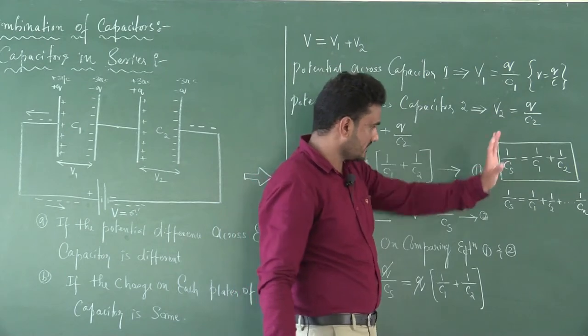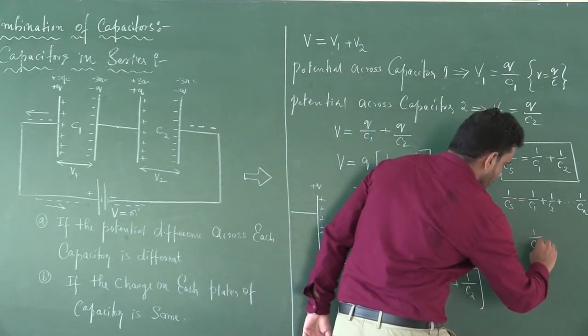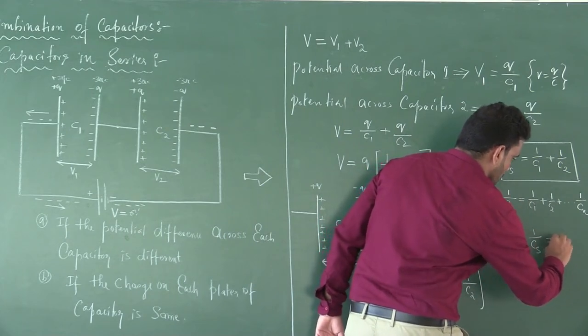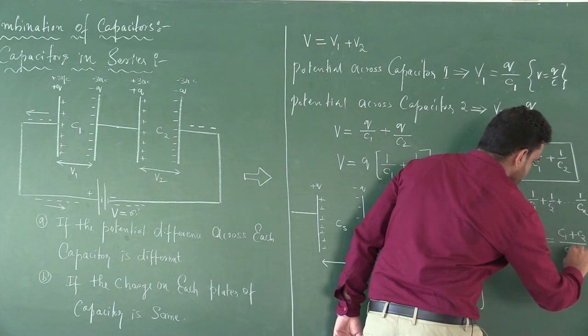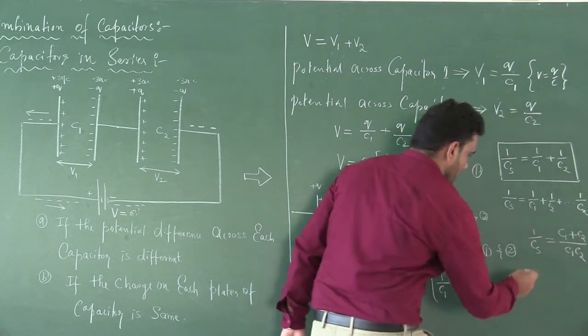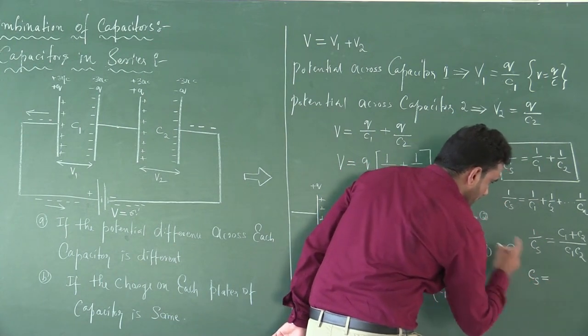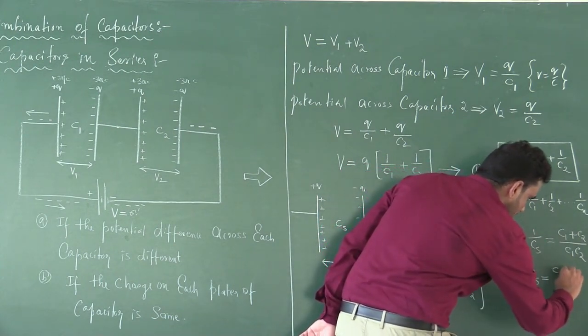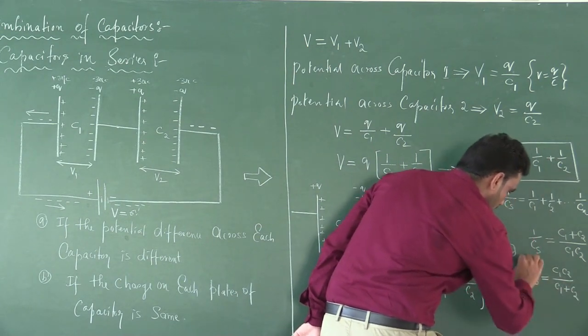Also I can simplify this equation by taking LCM. It becomes 1 over CS is equal to C1 plus C2 divided by C1 into C2. Then I'll simplify it for CS. So CS, that is effective capacitance, is C1 C2 divided by C1 plus C2.